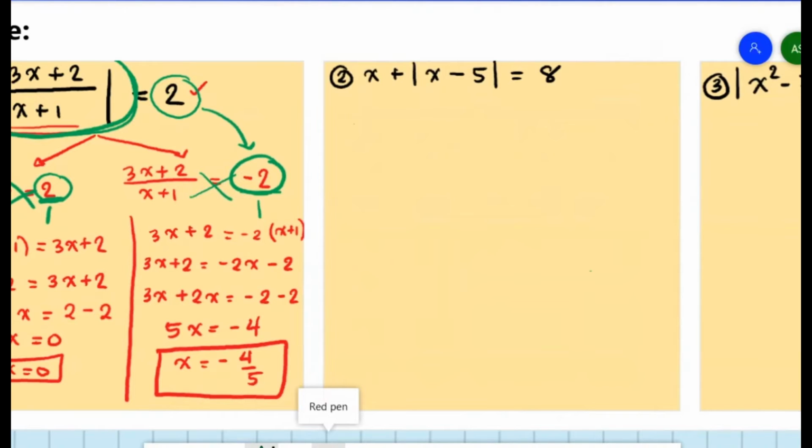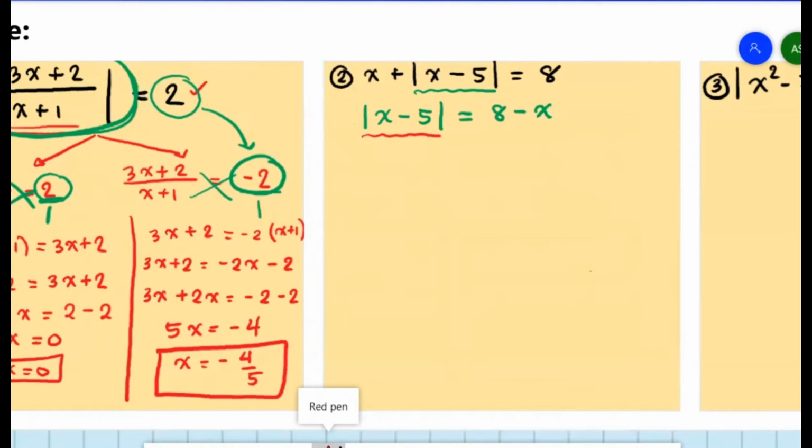So what we are going to do first when you encounter this type of problem is isolate the term with the modulus. Instead of having this, we have to manipulate the equation so that the expression with the modulus will be isolated. That will give us 8 minus x. Now as you can see, this is now isolated.